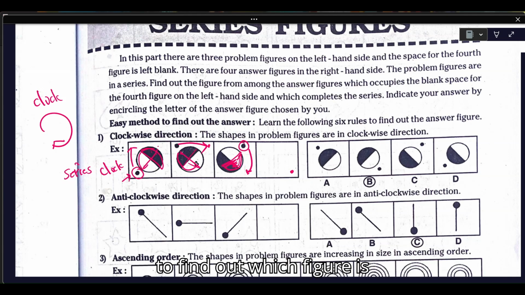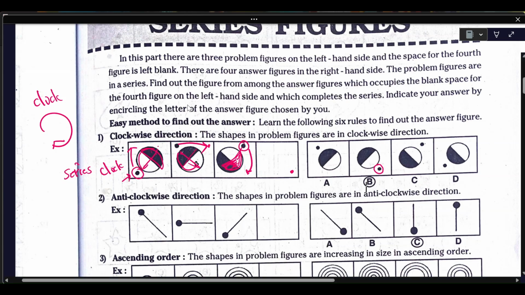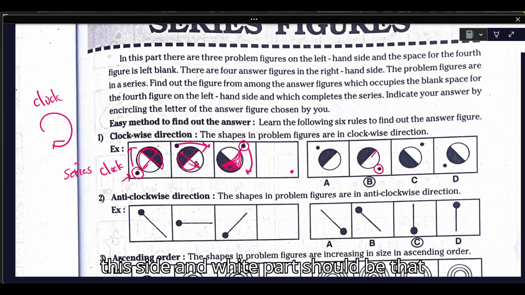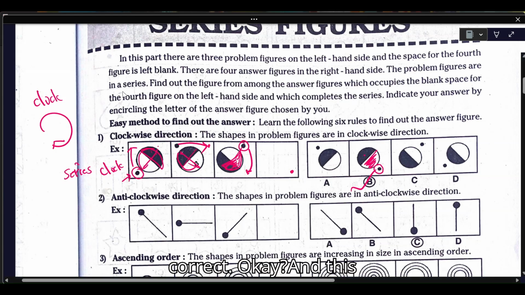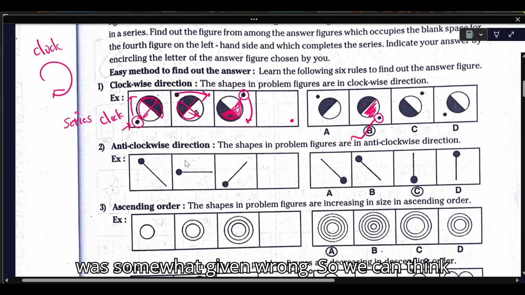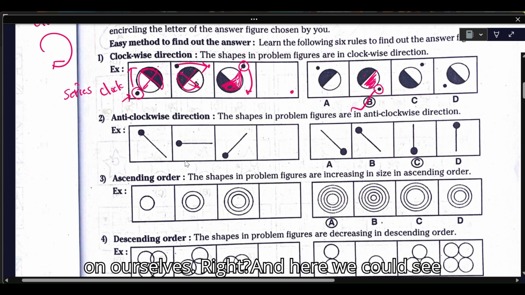We have to find out which figure has this part. Actually this dot is here in the D part, right? But actually the shaded part should be this side and the white part should be that side, then only this B will become correct. This was somewhat given wrong, so we can think on ourselves, right?